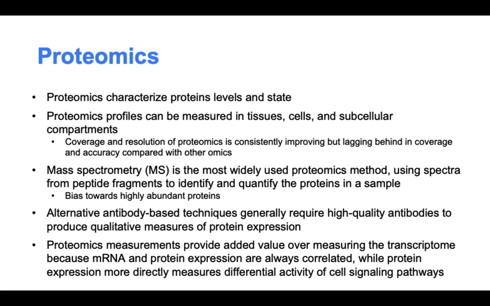That's why looking at both proteomics and transcriptomics together has been really helpful in elucidating the relationships between RNA and protein, and giving us more information about these signaling pathways, and how the process of translation from messenger RNA to protein is regulated.